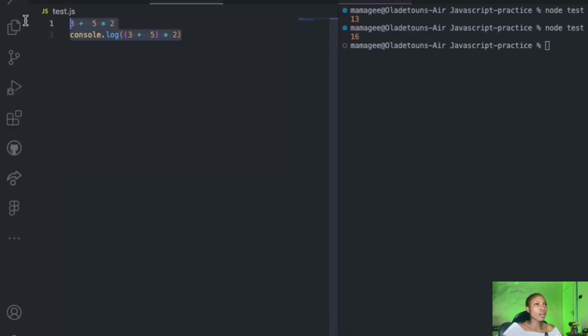So if I have 3 plus 2, then minus 1. Because the plus and minus operators have their associativity from left to right, it means that 3 plus 2 will execute first.